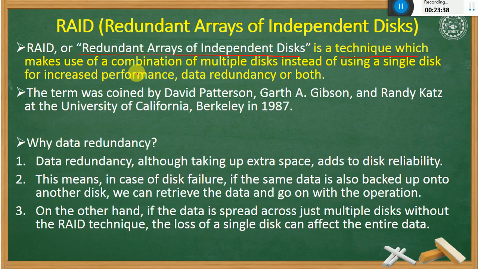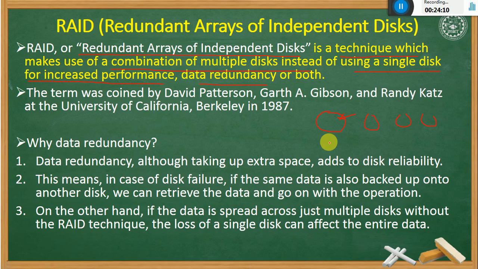In this technique, it contains multiple disks instead of a single disk to increase the performance and redundancy of your system. In a general system, it has a single disk. If that disk fails, your system will fail. So RAID contains multiple disks to avoid the problem of failure. So it increases the performance of your system.